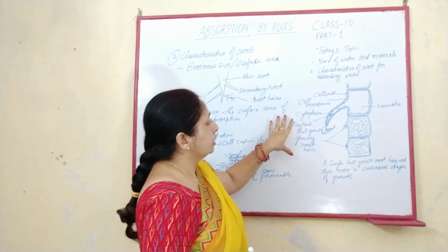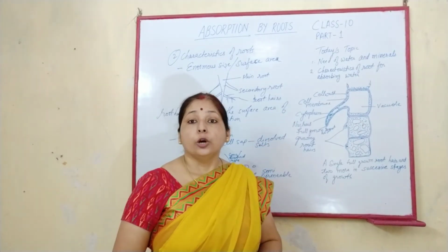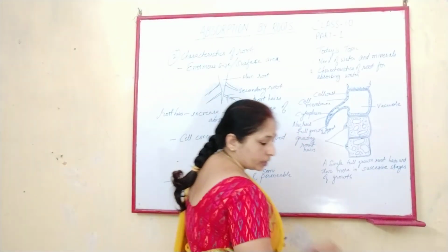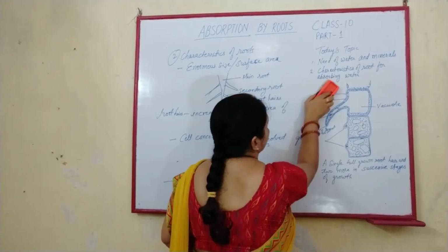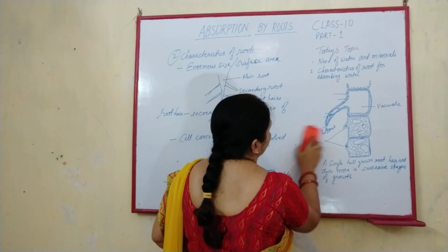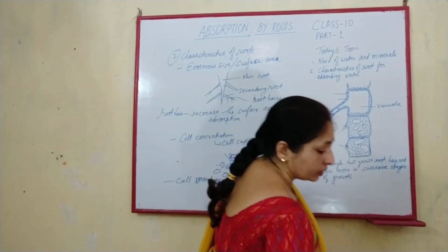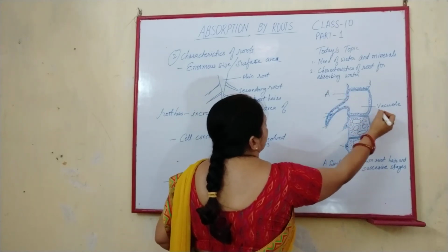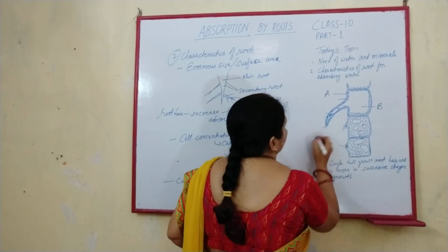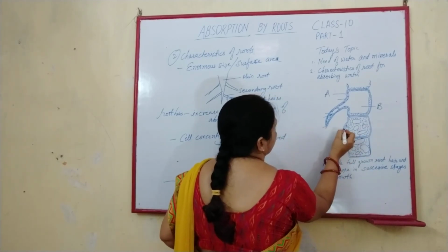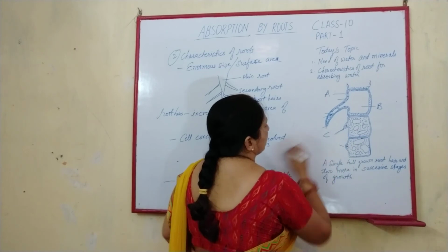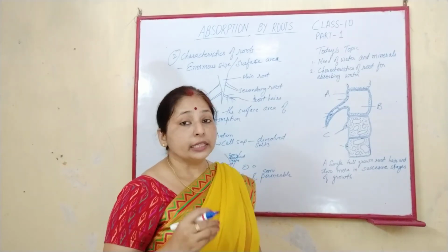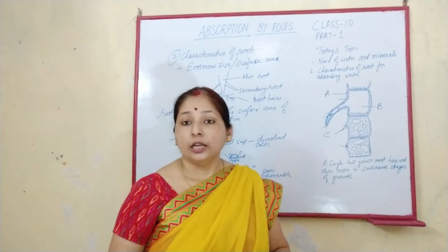This diagram is used for labeling, or sometimes they ask about the function. They'll give you questions like, suppose they label this one A, then this one B, and this one C. Then the question would be to label the parts A, B, C and explain the role of these parts for the cell or for the plant.